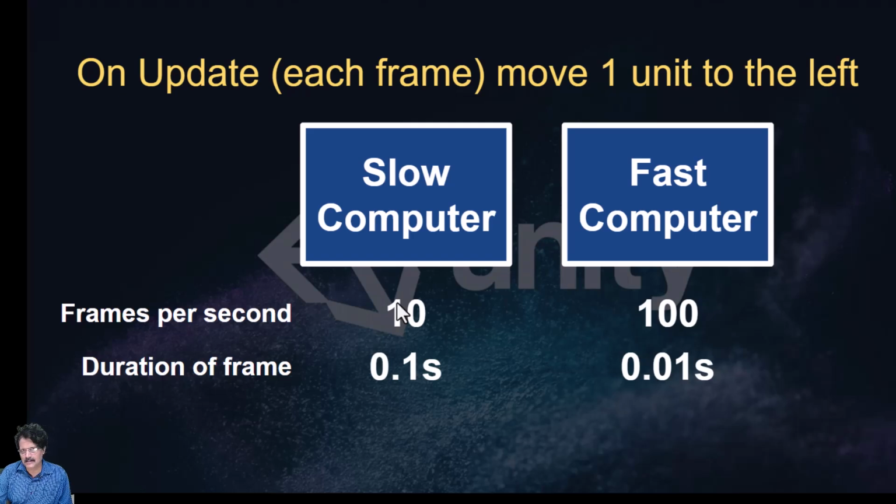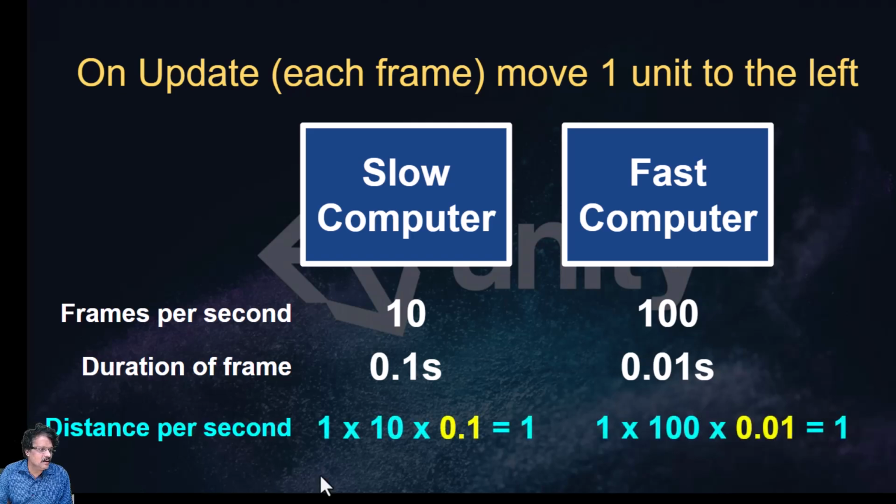However, on a fast computer running at 100 frames per second, the duration of the frame will be 0.01 second, and this duration of a frame is what we call Time.deltaTime. Time.deltaTime will be equal to 0.1 second on a slow computer and 0.01 second on a fast computer.